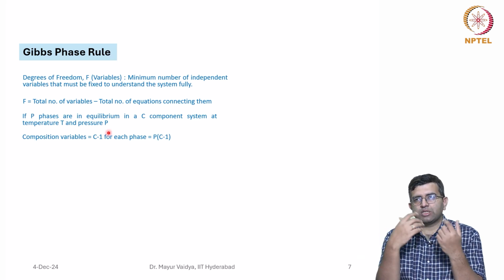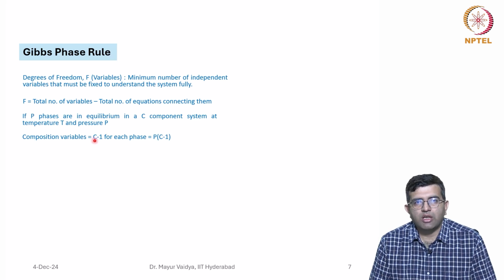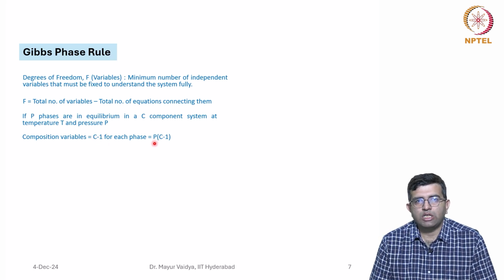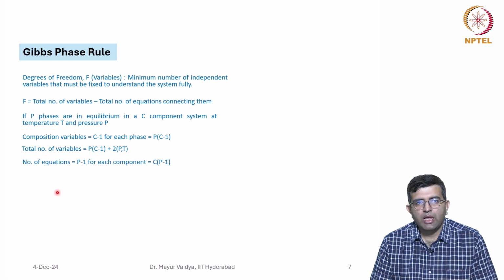So, it is sufficient to define only C minus 1 components. Therefore, for P phases it will be P into C minus 1. Then the total number of variables is P into C minus 1 plus 2. The two variables are pressure and temperature. So, these are the thermodynamic variables. The number of equations connecting them is P minus 1 for each component.